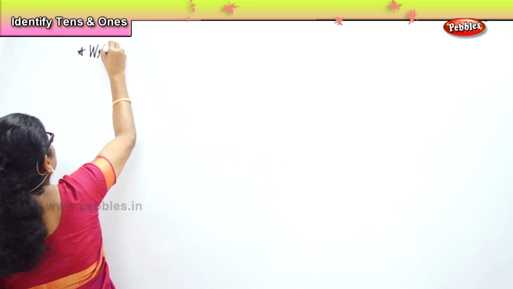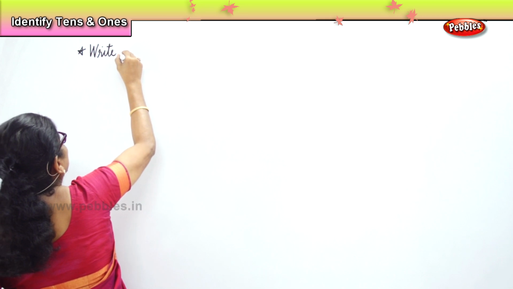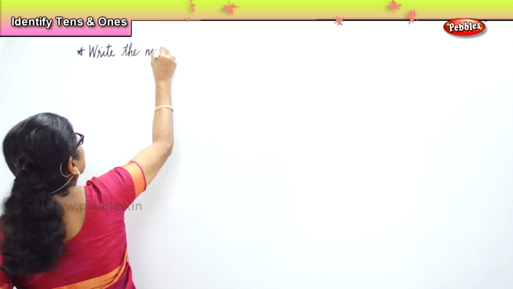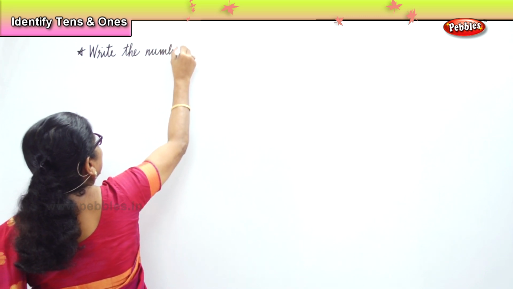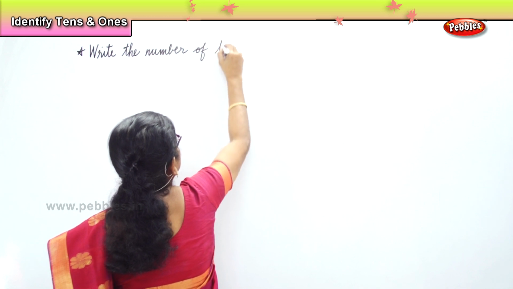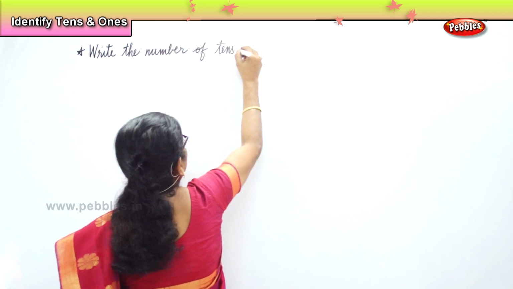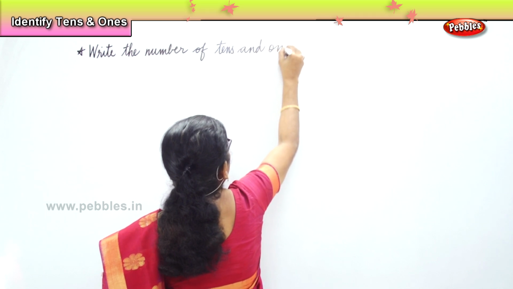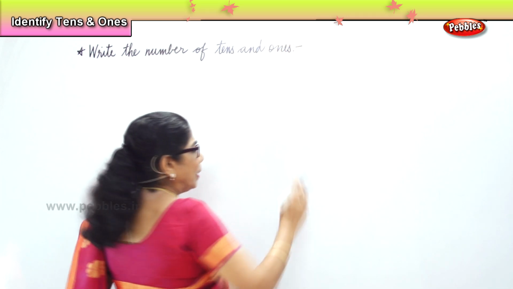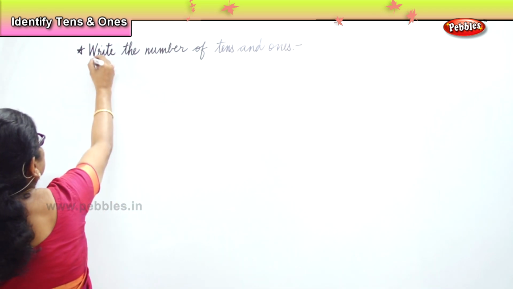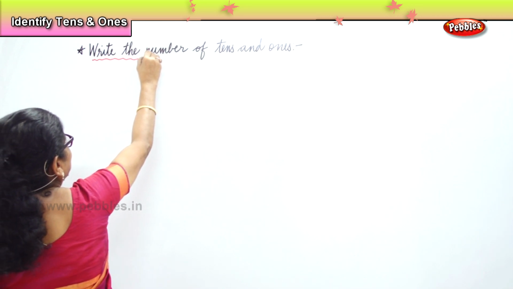So I'll give you a few numbers. You'll identify how many tens, how many ones in that particular number. That's what we are going to do now.